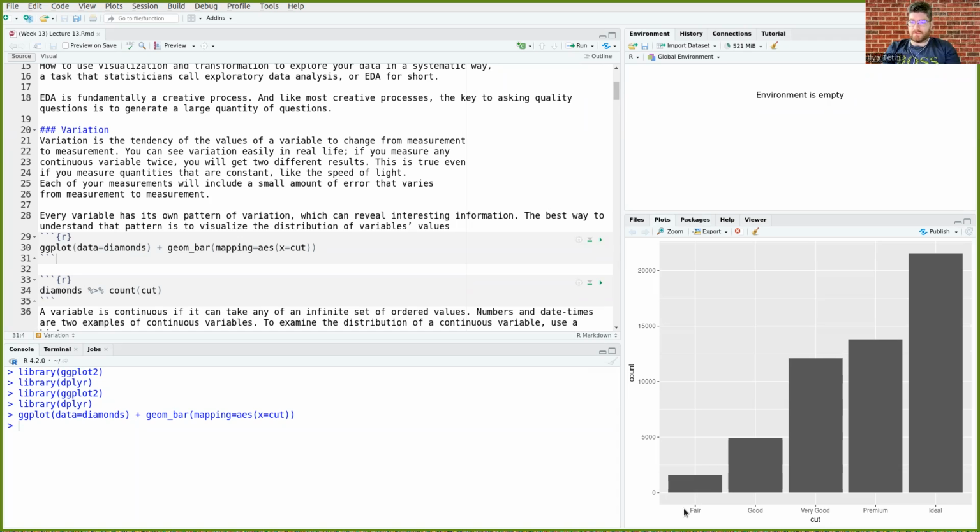The cuts are fair, good, very good, premium, and ideal. The overall measurements number about 50 thousand, so several dozens of thousands of diamonds were measured, a pretty decent data set to analyze.